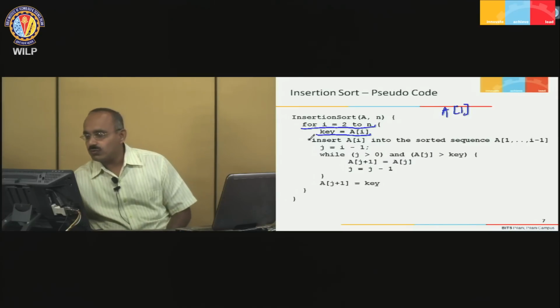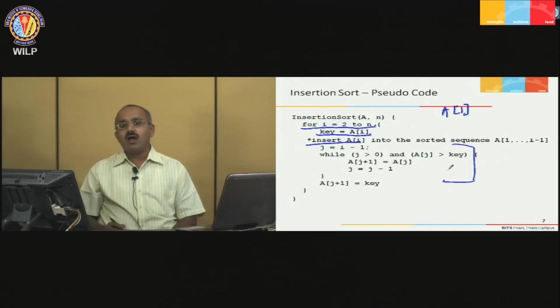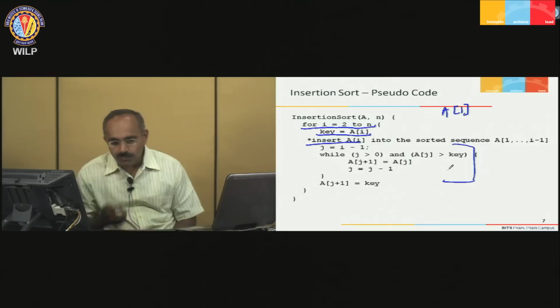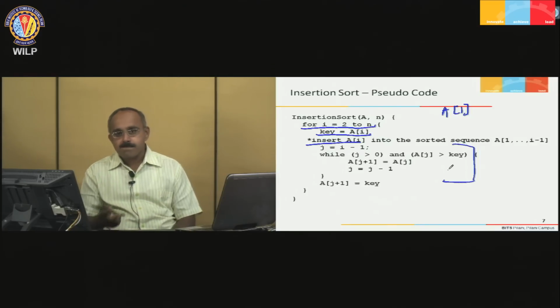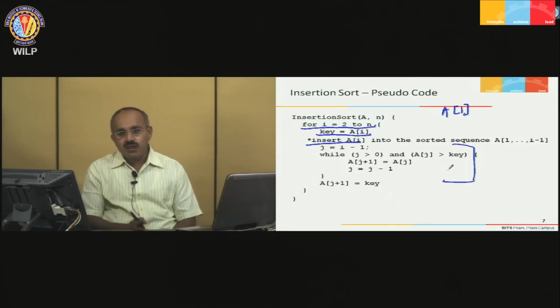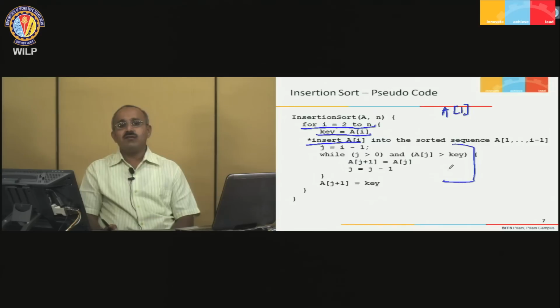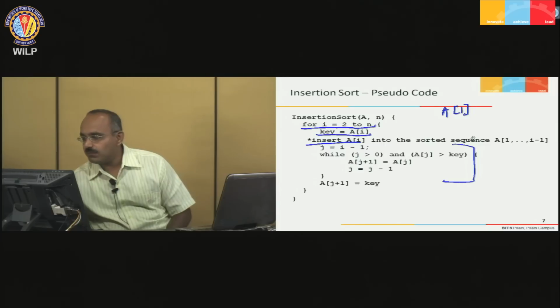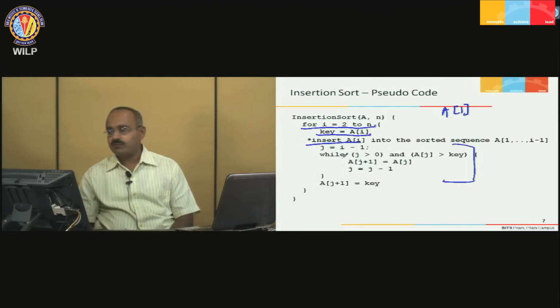Now, this part is going to insert A[i] into the sorted sequence A[1] to A[i minus 1]. So, when you pick up A[i], we know that A[1] to A[i minus 1] is already in sorted order.